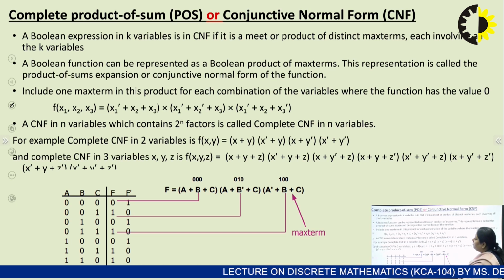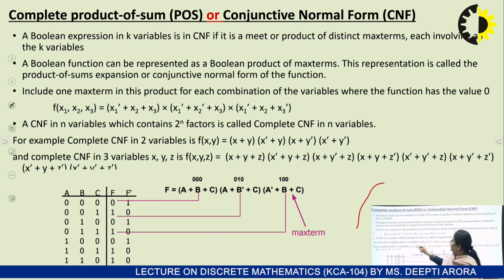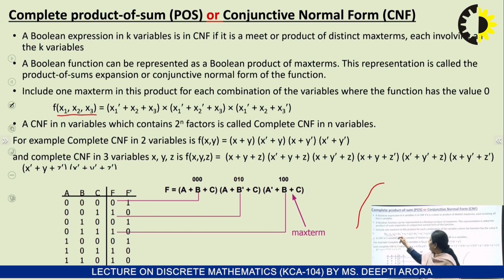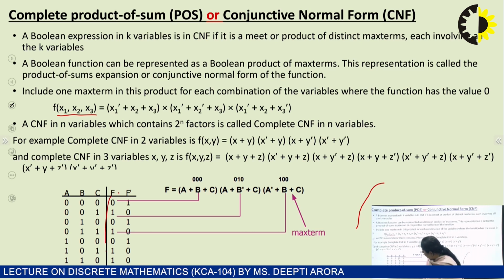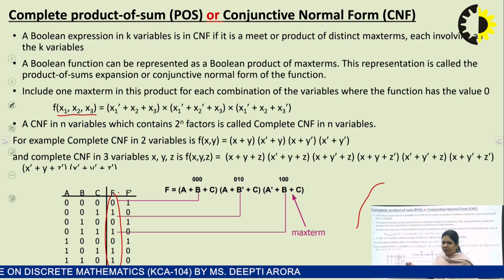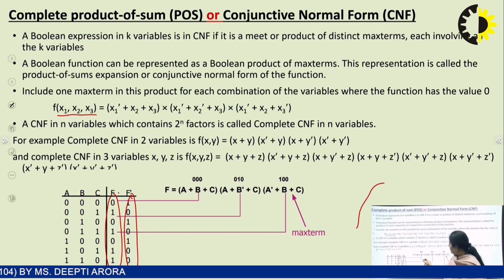So in conjunctive normal form, again, this is a function, and these are all the terms. Any function we have applied here, we have the resultant here, and f dash is the complement here. So we have to write the max terms or complete CNF.